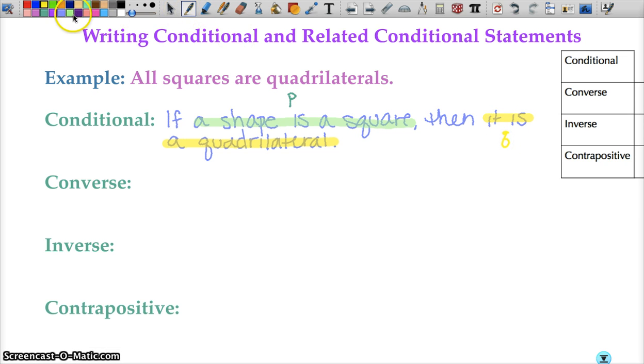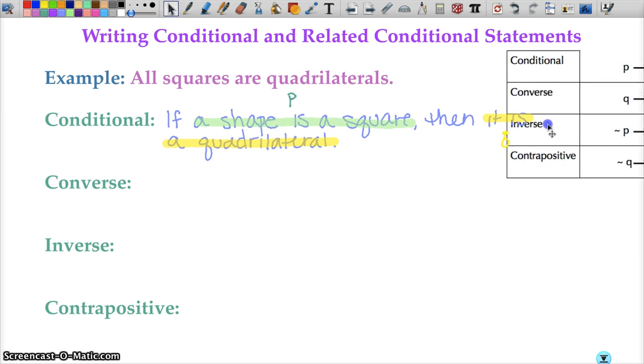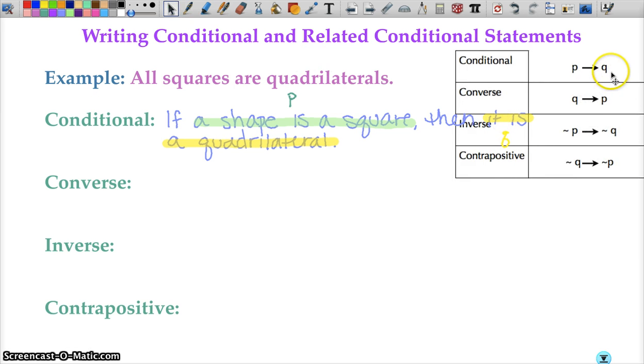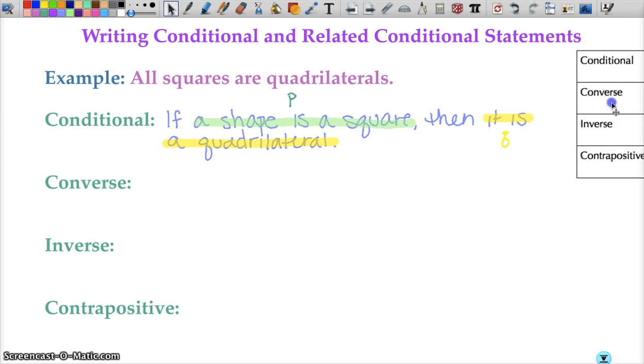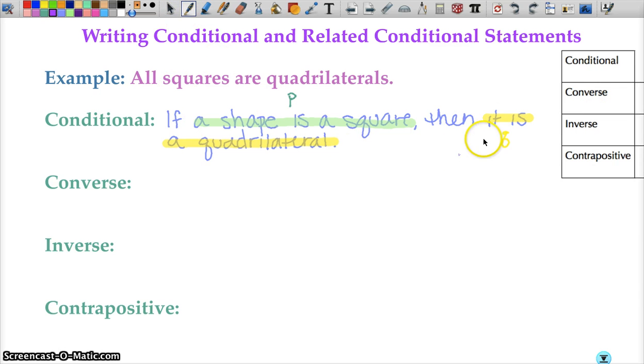So when we go to write our converse, our next statement, I want you to remember just really quickly, converse means you switch Q and you switch P. So what we would do then is we're not going to switch it and say if it is a quadrilateral because it's kind of weird wording. So what we'll do is say if a shape is a quadrilateral. So notice we're keeping the whole idea of the quadrilateral as our Q. All right, so that's coming up front. Oopsie, now I got myself all messed up. My bad.